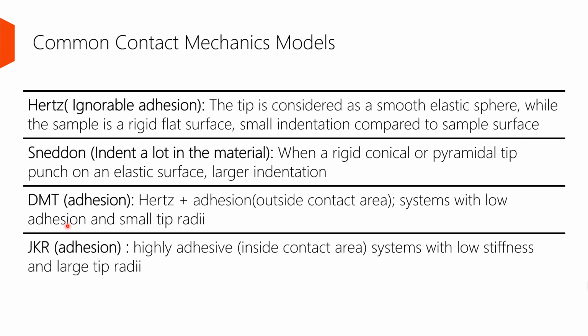And the DMT model is basically the Hertz model plus the adhesion outside the contact area. It's suitable for systems with low adhesion and small tip radius. The JKR model is suitable for highly adhesive systems, and the adhesion is inside the contact area. It's for lower stiffness and larger tip radius.